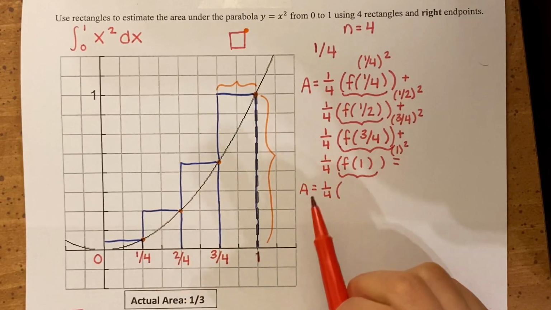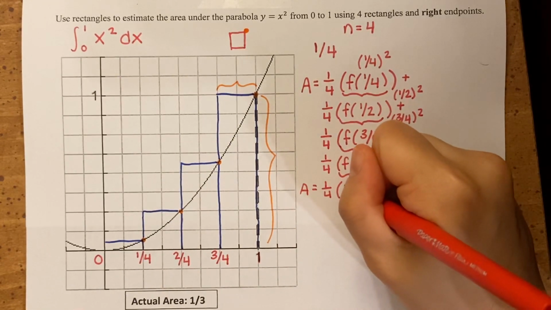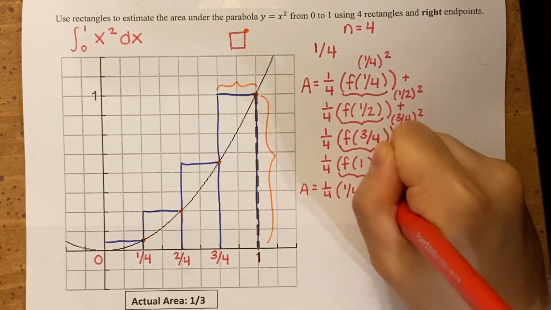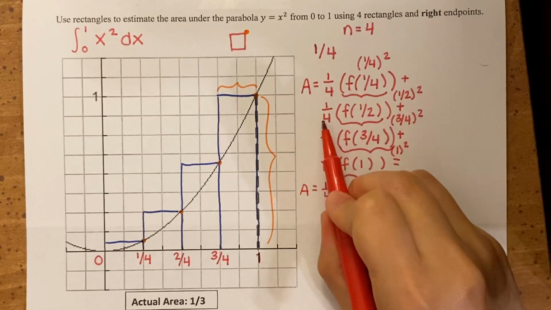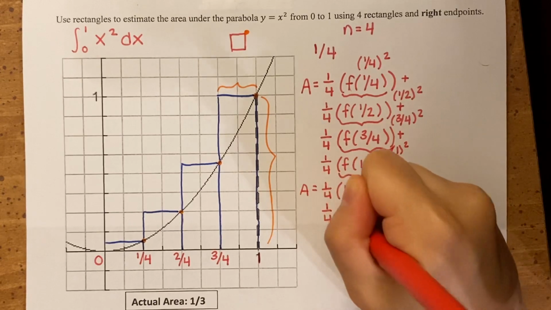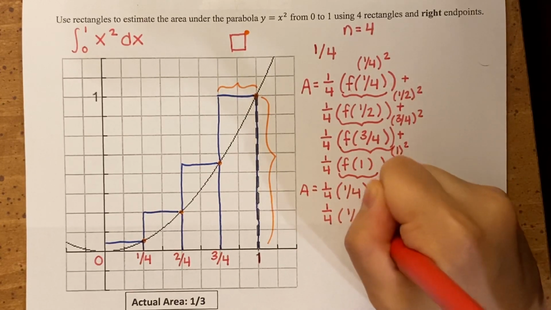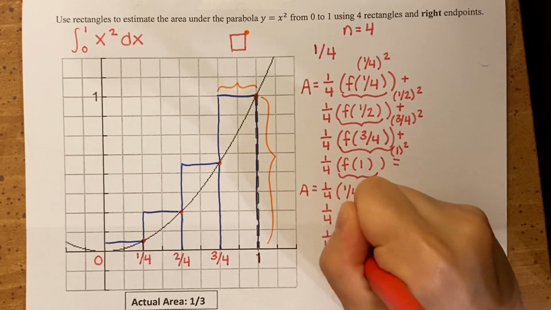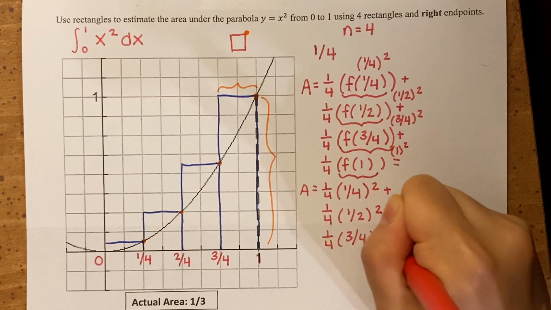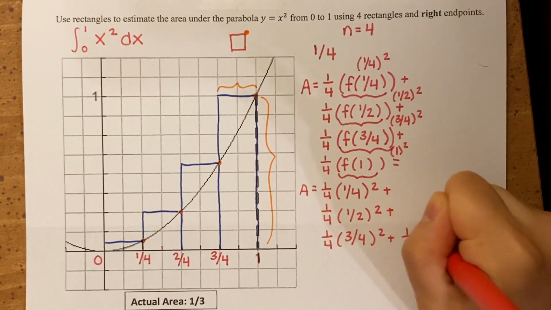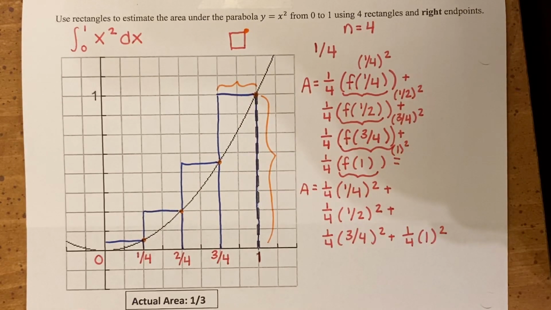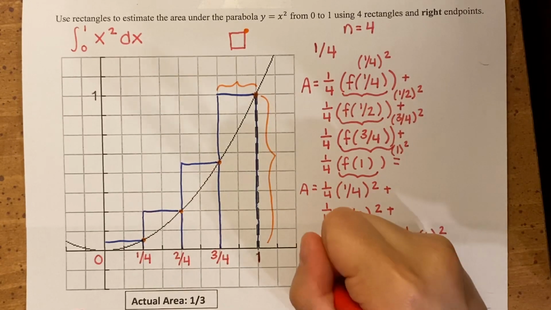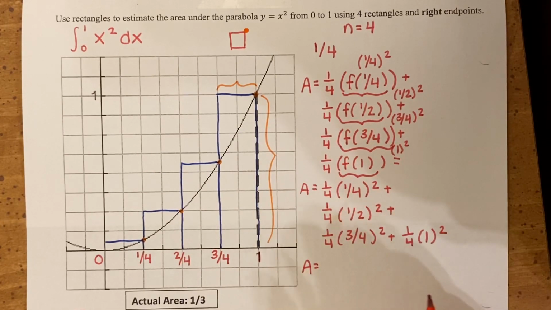Putting everything together: 1/4 times 1/4 squared, plus 1/4 times 1/2 squared, plus 1/4 times 3/4 squared, and my last one, 1/4 times 1 squared. We just want to calculate what this is.